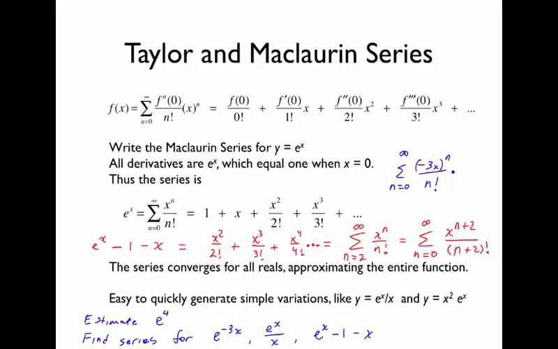And then if we wanted to bring out the alternating part separately, we could write it as negative 3 to the n, or negative 1 to the n times 3 to the n. So that's the series for e to the minus 3x.